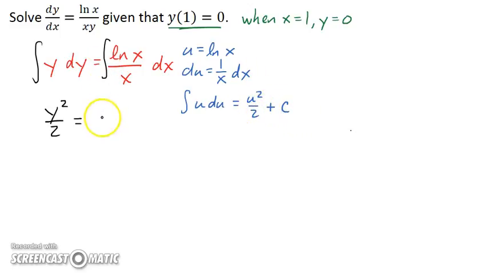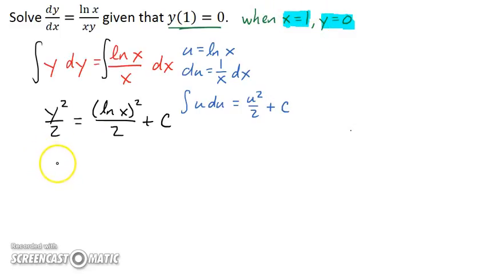Or when I write it here, I'll plug my u back in. How about ln of x, the quantity squared, divided by 2 plus some constant. Now again, you don't have to do this step next, but it's been my experience with students that they have their most success when they go ahead and do this. Let's plug in the values we know from that initial condition.